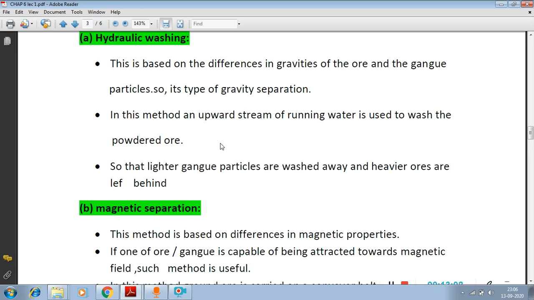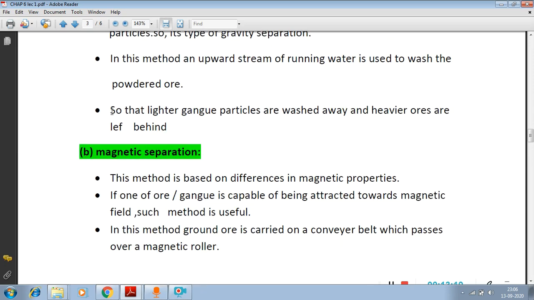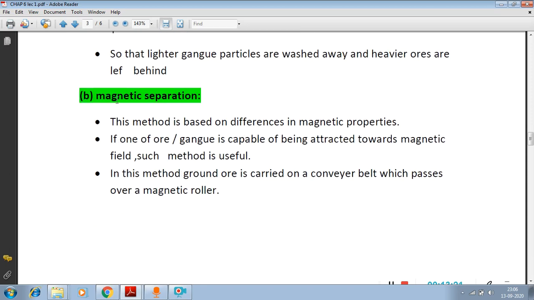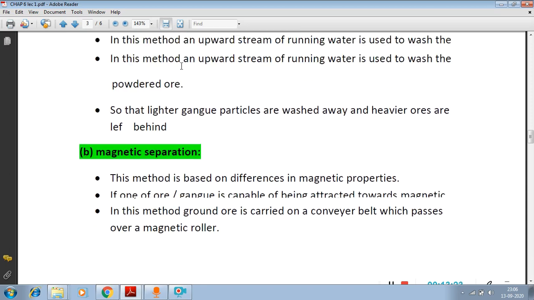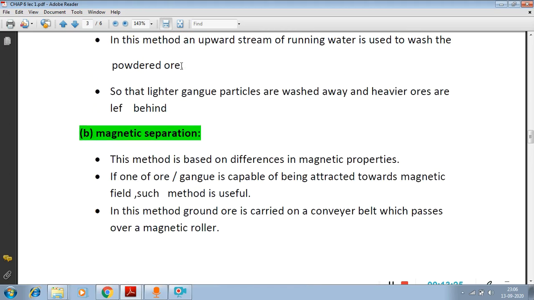So what will happen here? The lighter particles will go away with the water and the heavier particles will be left behind. So this is hydraulic washing.